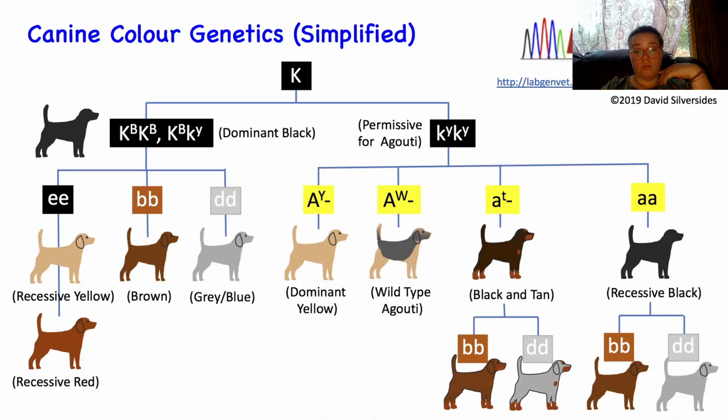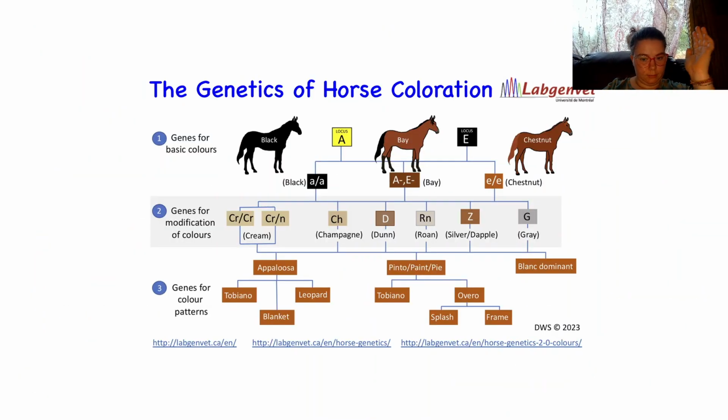The yellow, the gray and yellow, the black and tan, and then different kinds of black and tan based on your extension genes, and then recessive black, and then brown, and then different colors based on those extension genes. And this looks a little convoluted, but we'll jump to the next slide, which makes it a little easier.